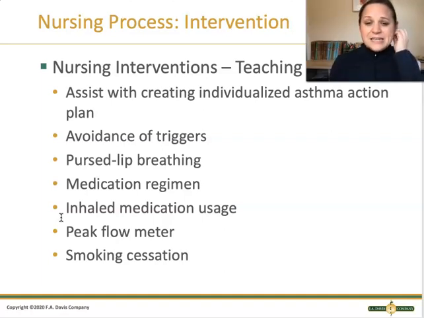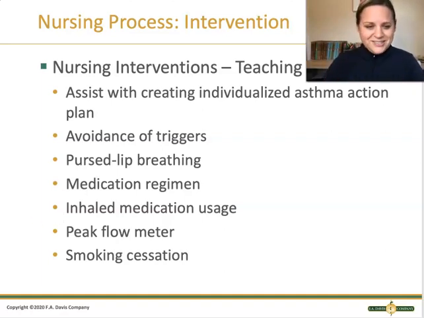And so that means assisting with creating an individualized asthma action plan, teaching them how to avoid triggers, teaching them pursed lip breathing that can help bring extra oxygen into their lungs when they need it, making sure that they know what their regimen is for medications, teaching them how to use their inhaler properly, which is really important, teaching them how to use that peak flow meter to monitor their status at home and record those numbers daily, if not twice daily, and then of course, to quit smoking, because smoking and asthma do not mix at all.